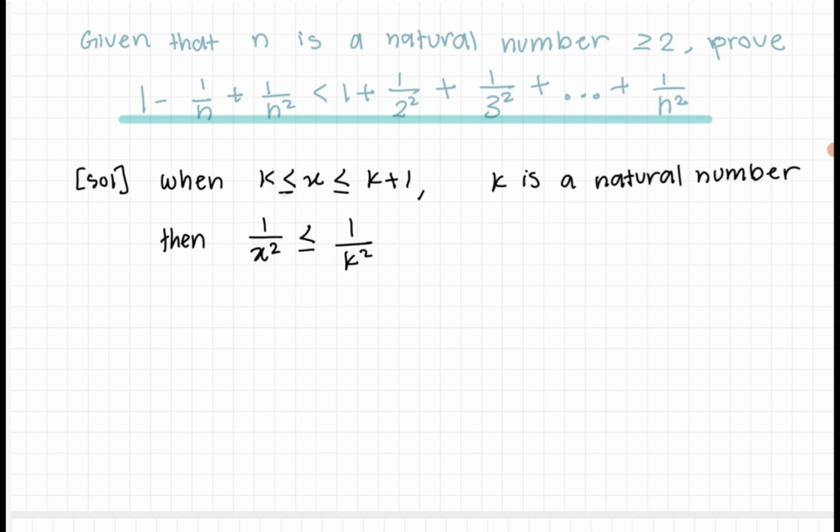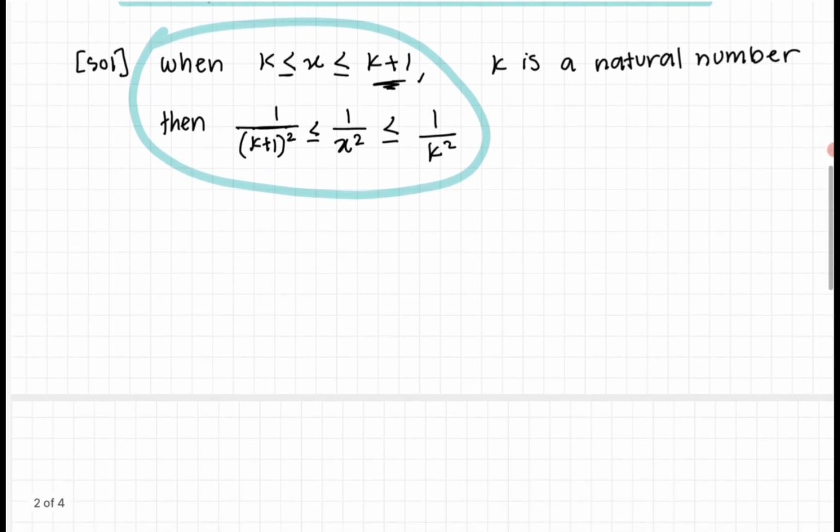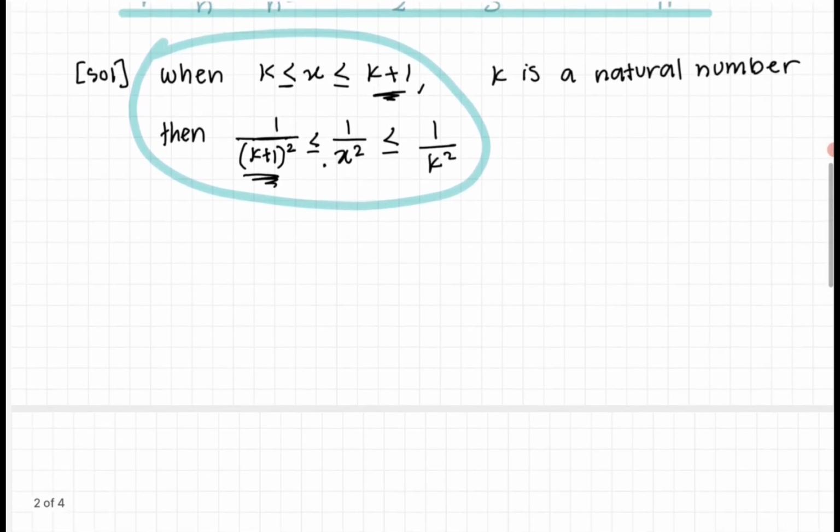So when k is less than or equal to x is less than or equal to k plus 1, then 1 over x squared is less than or equal to 1 over k squared, and you can also add the 1 over k plus 1 squared on the other side. That is a really important theorem you should keep in mind. But for now, we're not really going to use the k plus 1 squared. We're just going to focus on these two components.